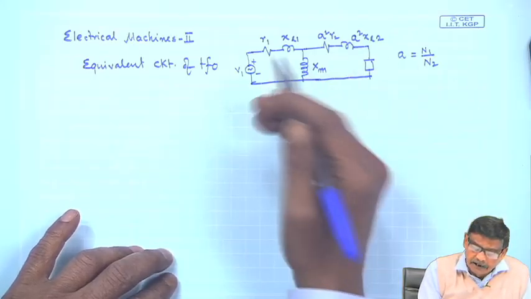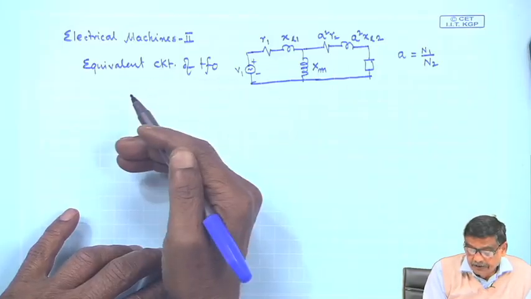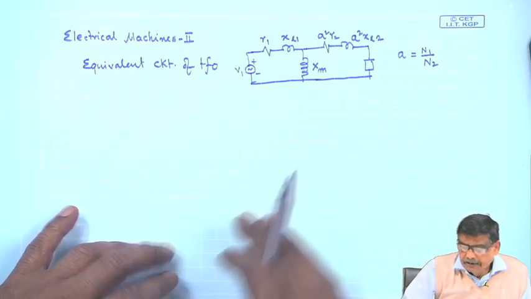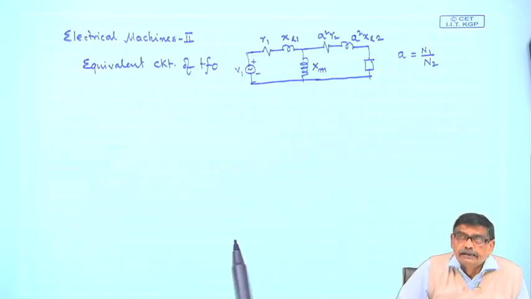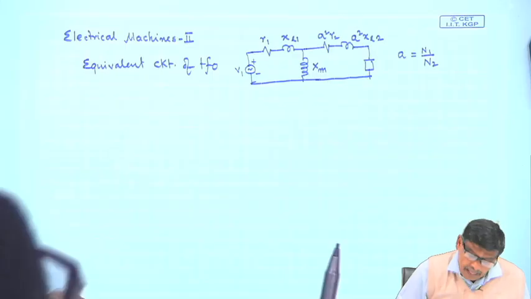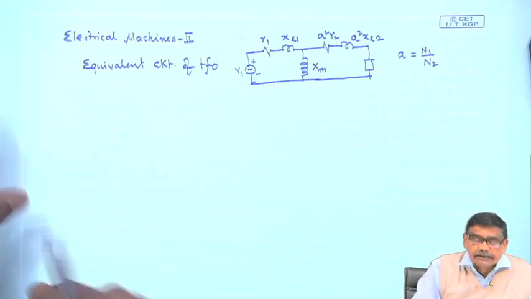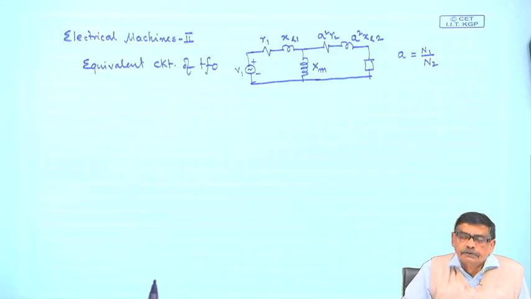These are to be multiplied by a squared in order to draw the equivalent circuit referred to what is known as primary side. Similarly, the equivalent circuit can be drawn referred to the secondary side as well. But now, as I told you, this equivalent circuit we will try to arrive at purely from the consideration of circuit analysis.